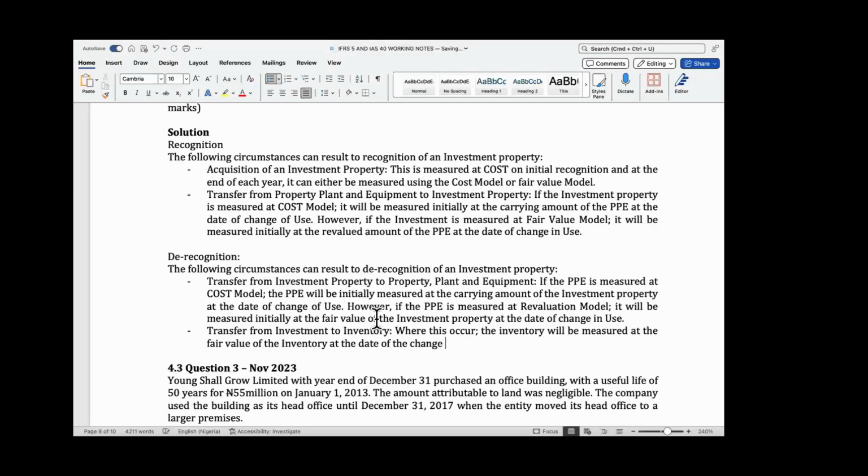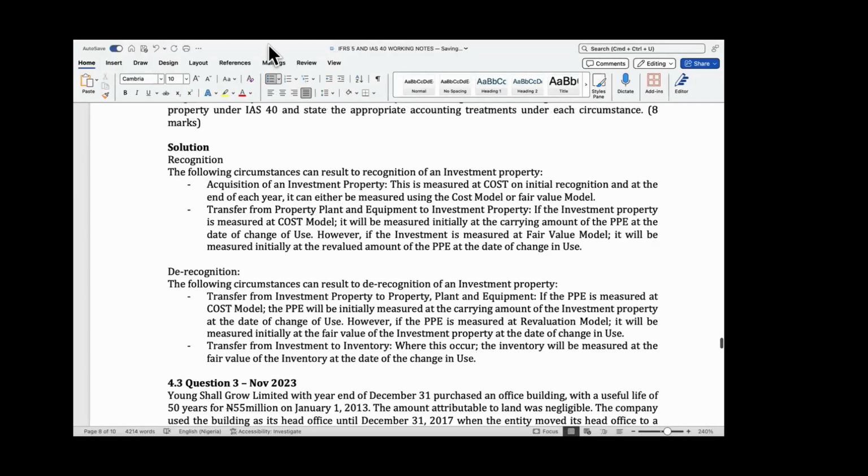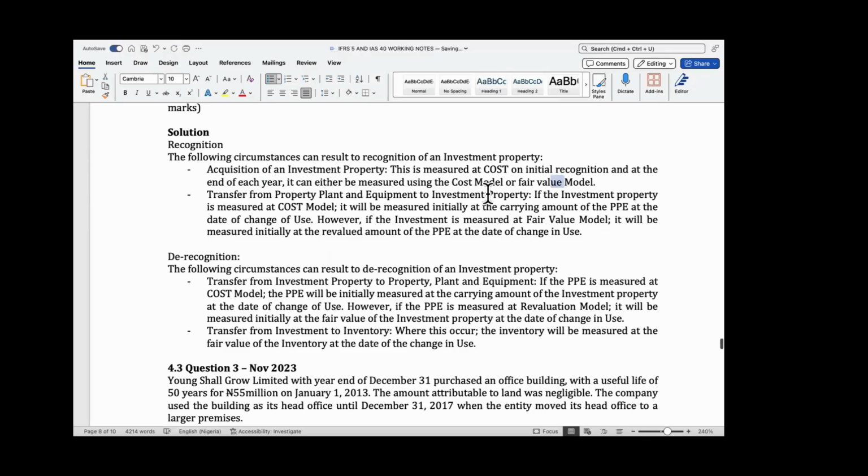Because if I want to analyze all of this, for the first one, when you just buy an investment property newly, you measure it at cost, then at the end of each year, you can measure it using cost model or fair value model. Or you can transfer from PPE to become investment property.